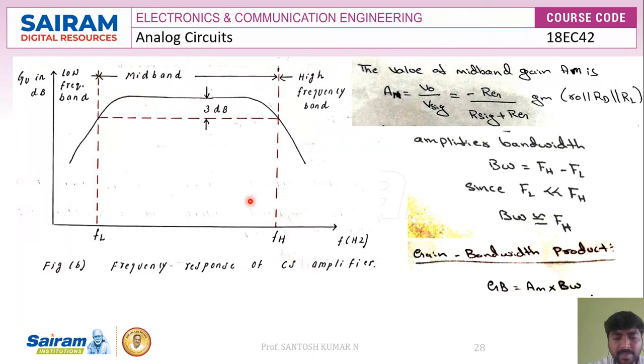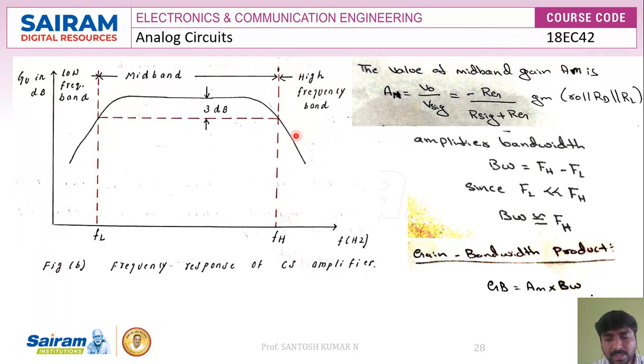Then the high frequency band. In the high frequency band, the gain falls. At higher frequencies, the gain gets rolled off because of the internal capacitances, that is, the gate-source capacitance CGS and the gate-to-drain capacitance CGD.